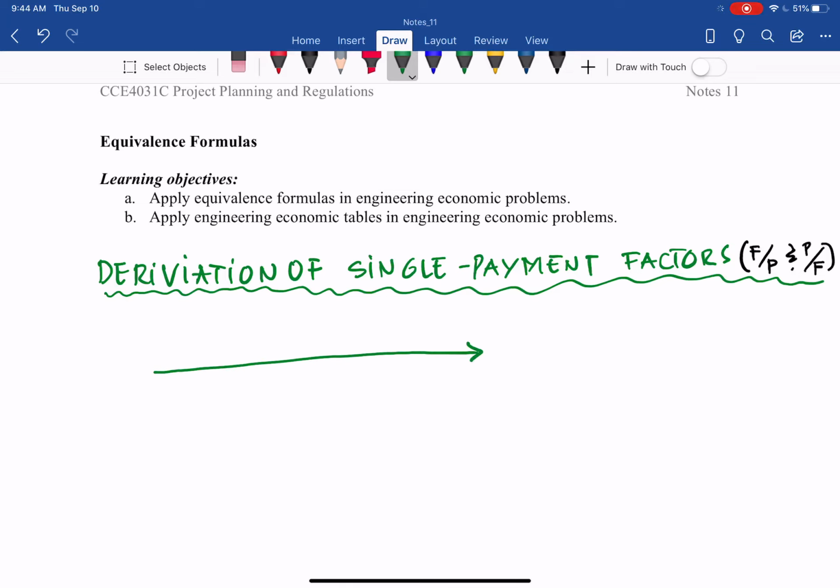If we have a scenario in years or months, at the present time we have time 0.